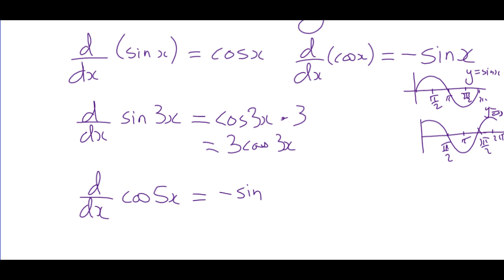The derivative of cos is minus sine. So minus sine of what? Well, it's with respect to the inner function, times the derivative of the inner function, which is 5. I kind of keep it that way, and then that's one more line I write, and then we write minus 5 sine 5x, right?